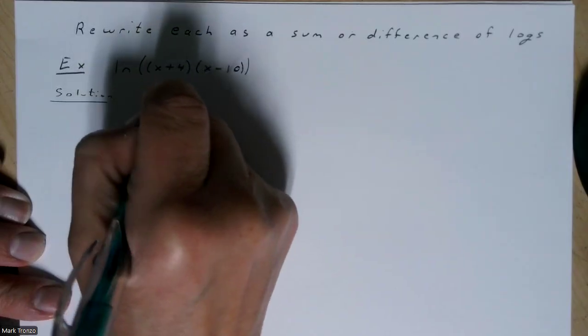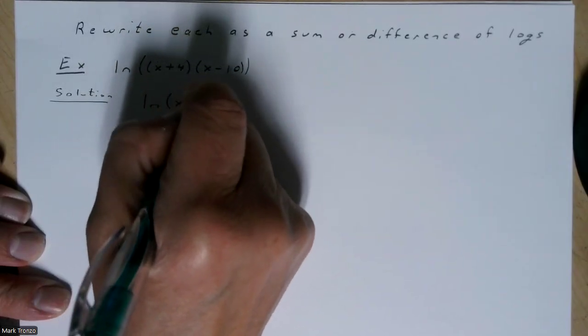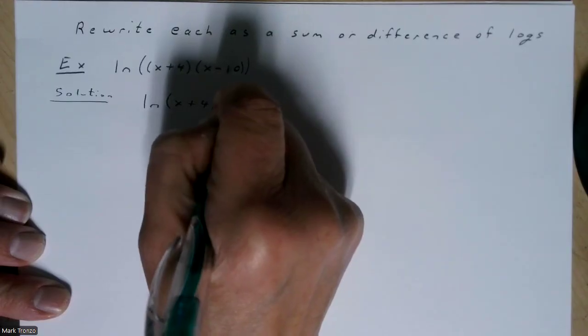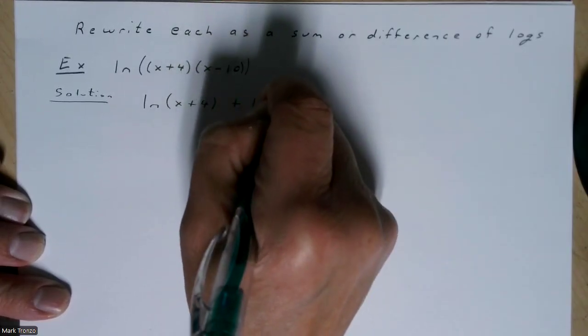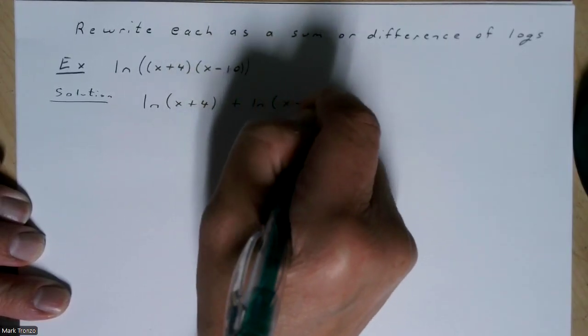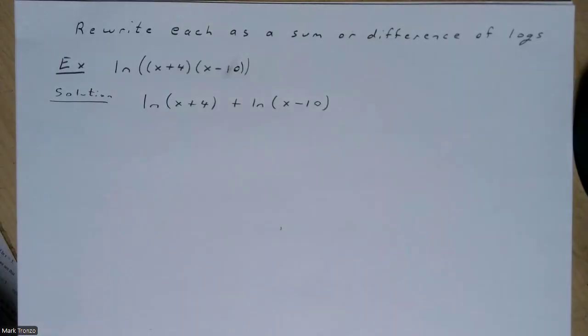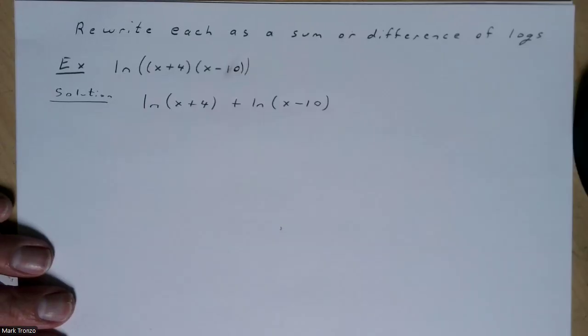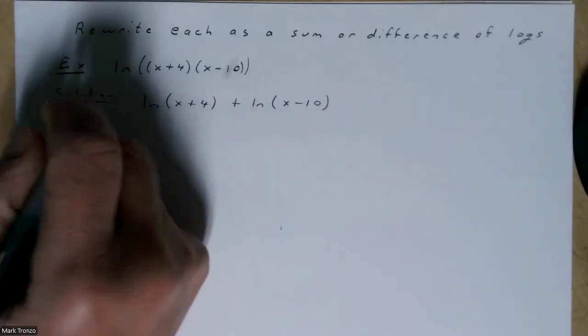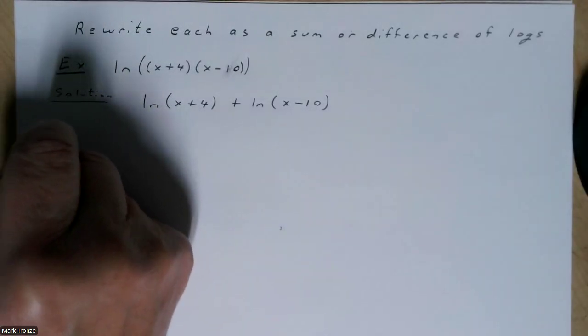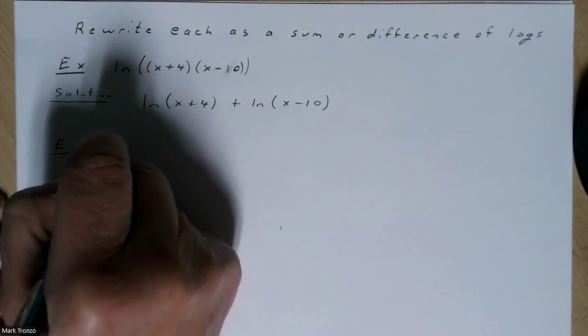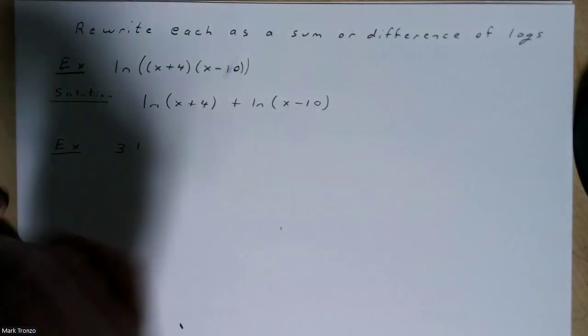This can be written as log plus log, like this. Let's take a look at a couple more. So again, we want to write this as a sum or difference.